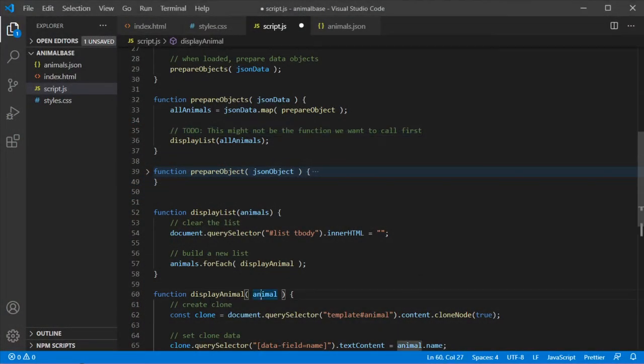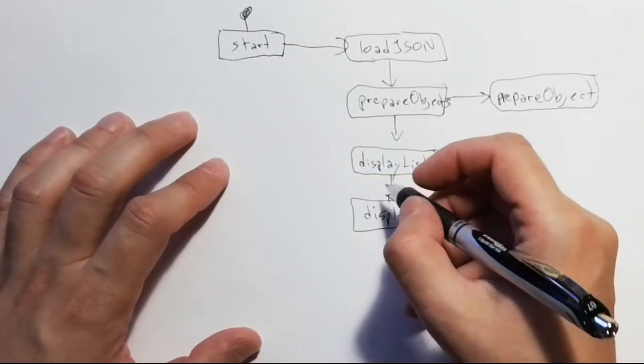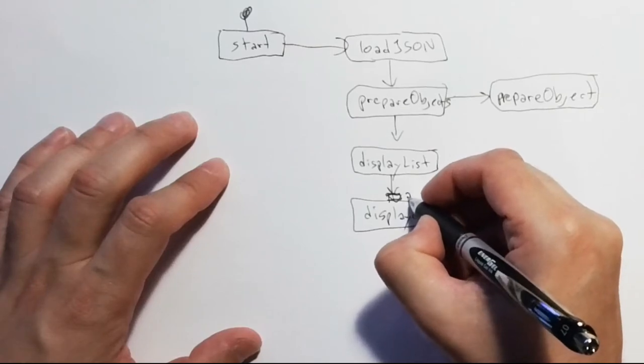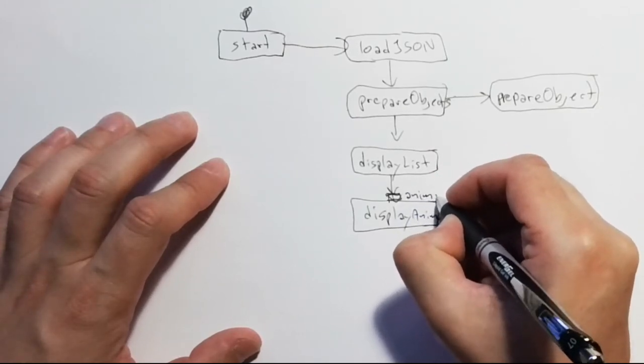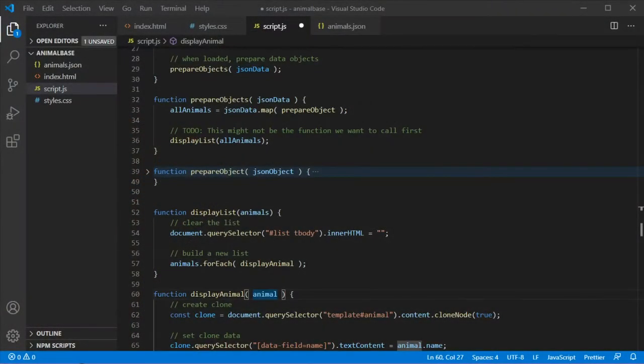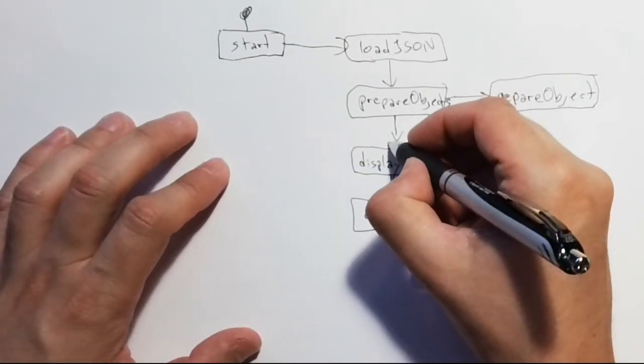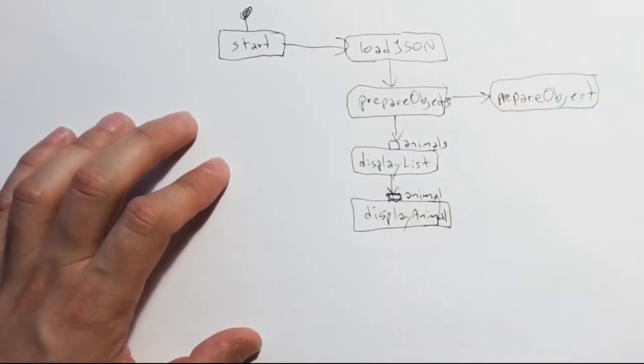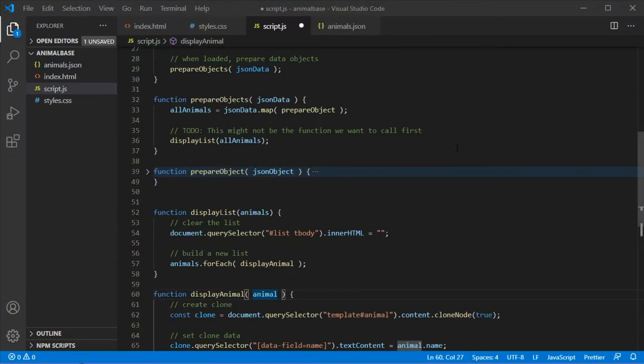Display animal takes a single animal. I'll just add that here. Single animal. And display list takes the list of animals. But I can also see that prepare objects stores the list in all animals.